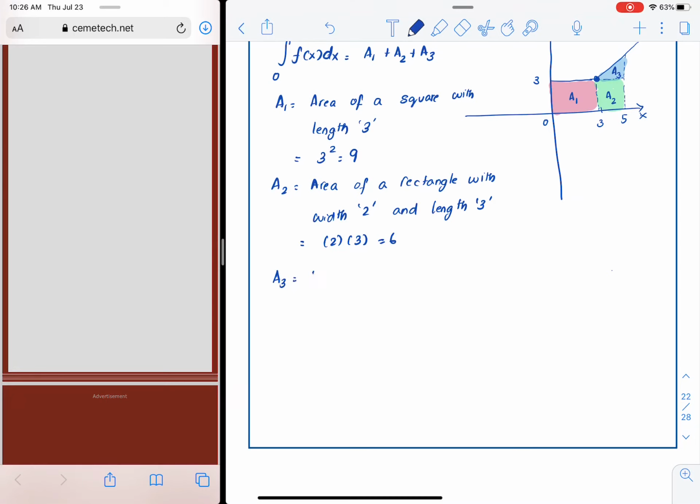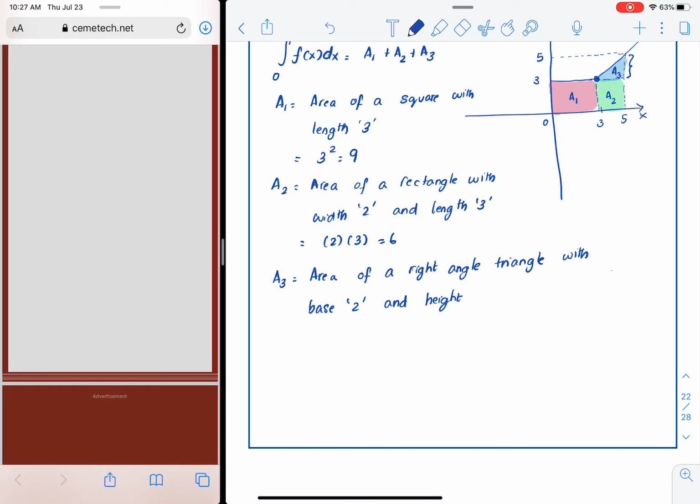A3 is the area of a right-angled triangle with base 2 and height. It's over here, and that point has to correspond to 5.